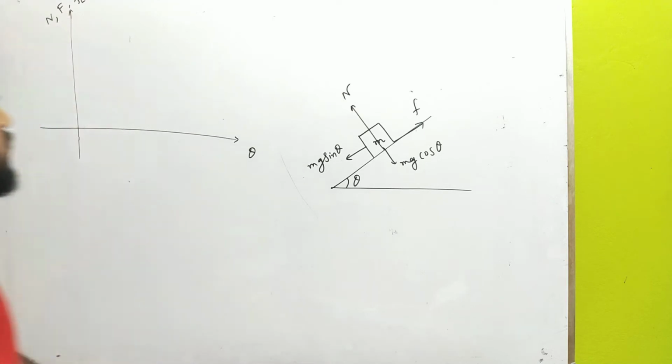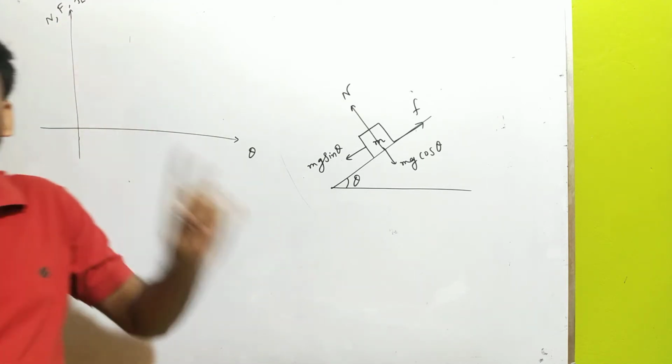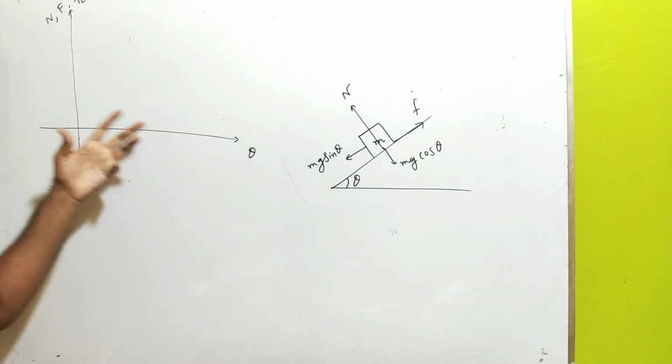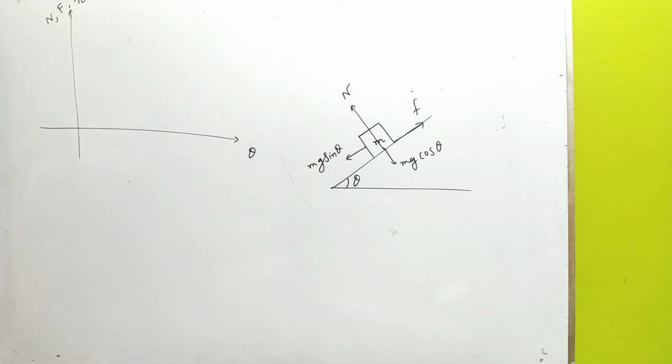If we draw these three graphs on the same plane, then we can understand how these values vary when we vary theta. Okay, so what are the forces?